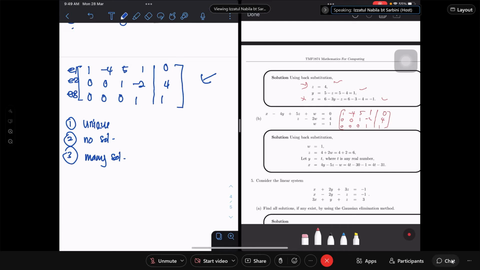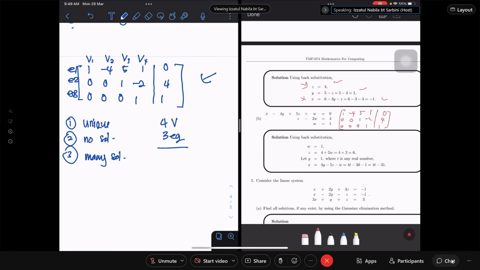The number of rows is the number of equations, so I have 3 equations. How many variables do I have? I have variable 1, variable 2, variable 3, variable 4. So I have 4 variables. When the number of variables is more than the number of equations, you are going to have many solutions.